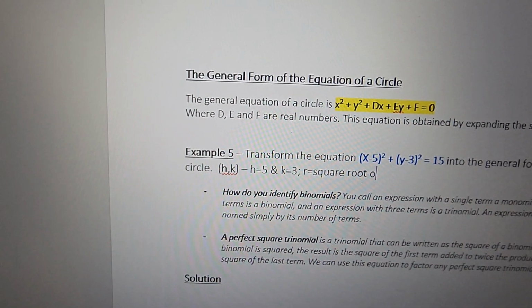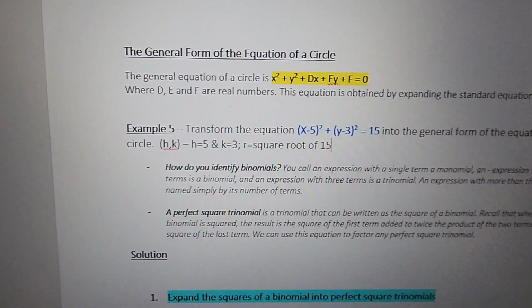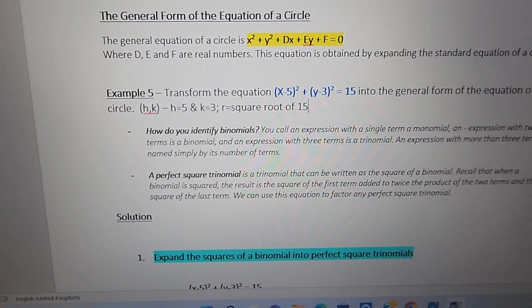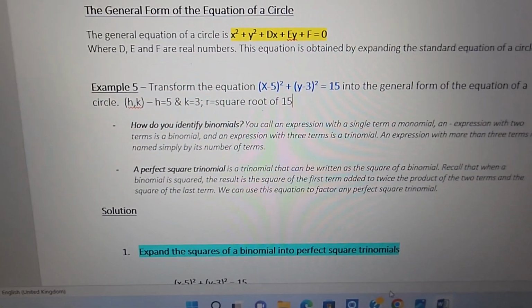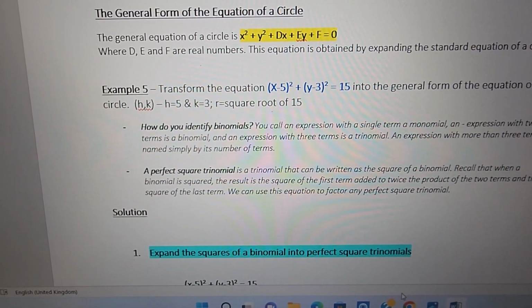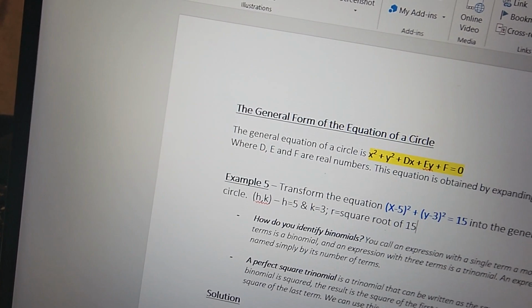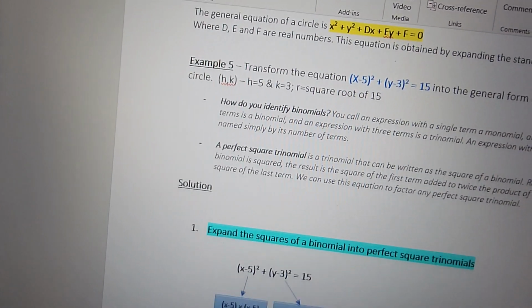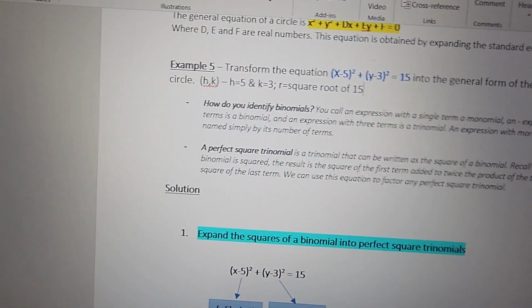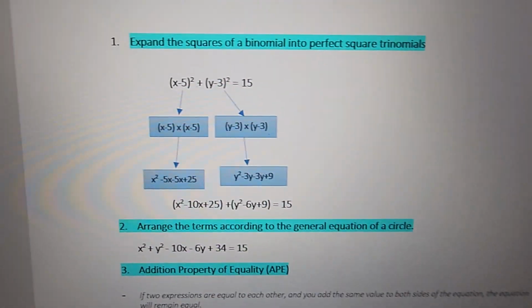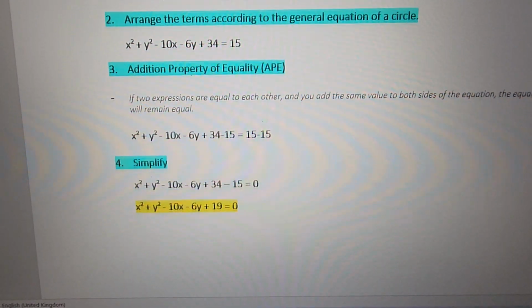Square root of 15. Okay? So, if we plot the points, we already have the center at (5, 3). Then the radius is equivalent to the square root of 15. If you have a calculator, you can consider that.